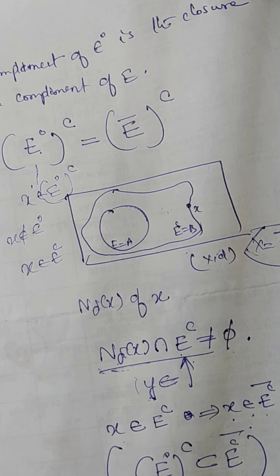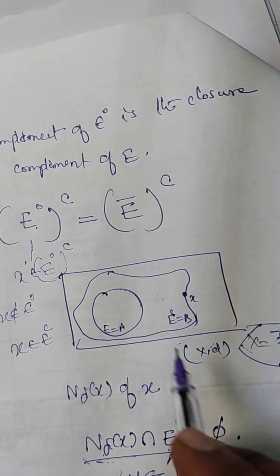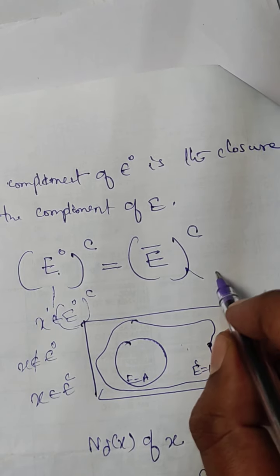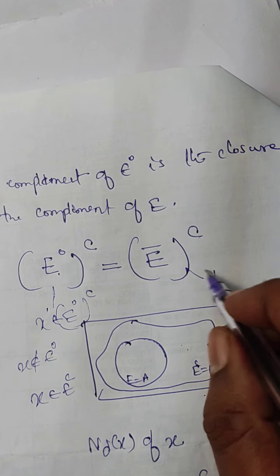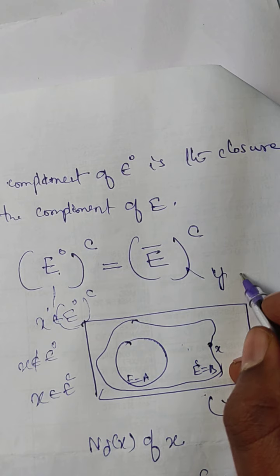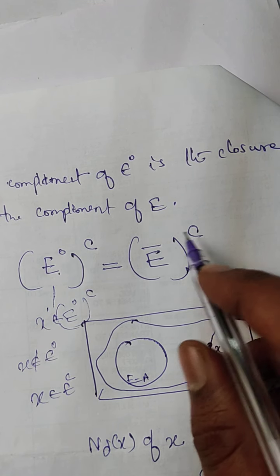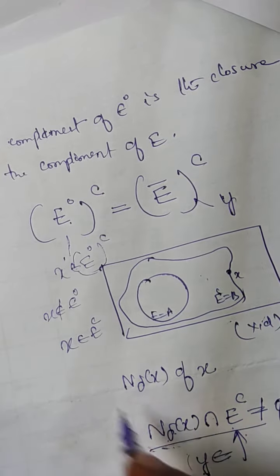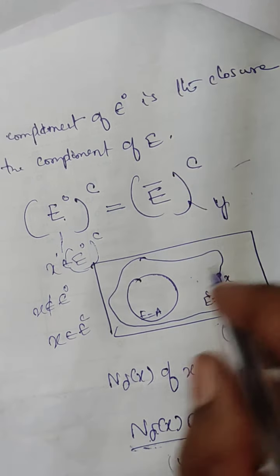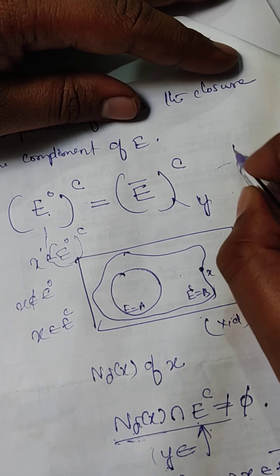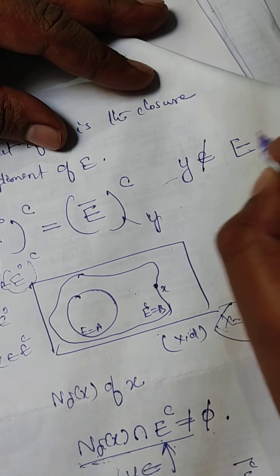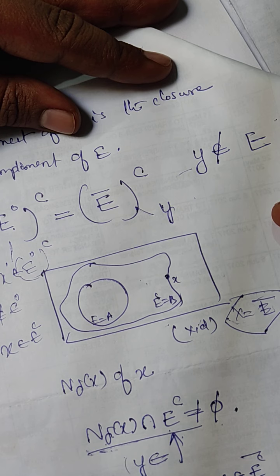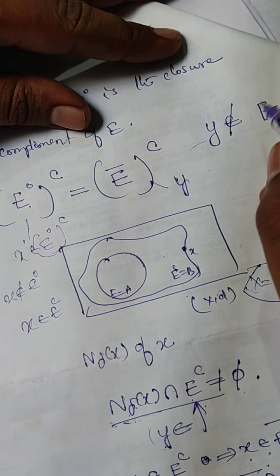Now on the other hand, if you consider Y belonging to E complement, this is a point Y belongs to E complement, then from that we can conclude that if Y belongs to E closure complement, Y does not belong to E, and Y belongs to E complement.